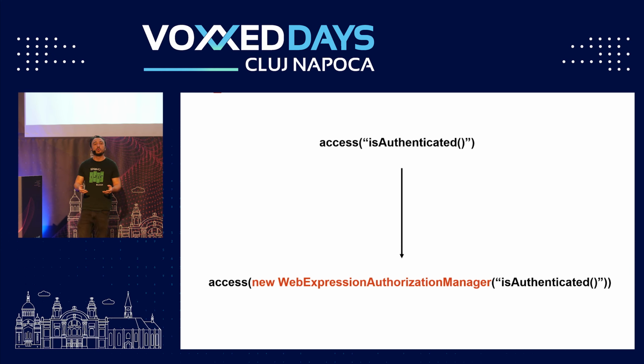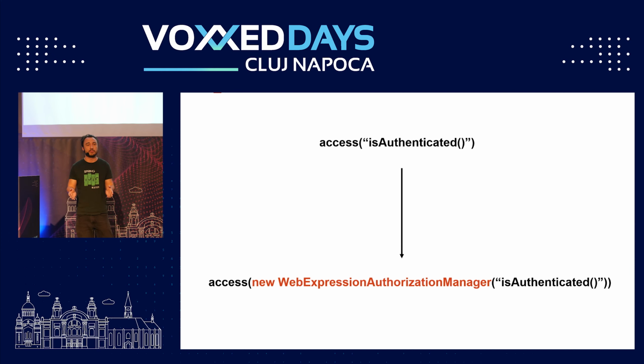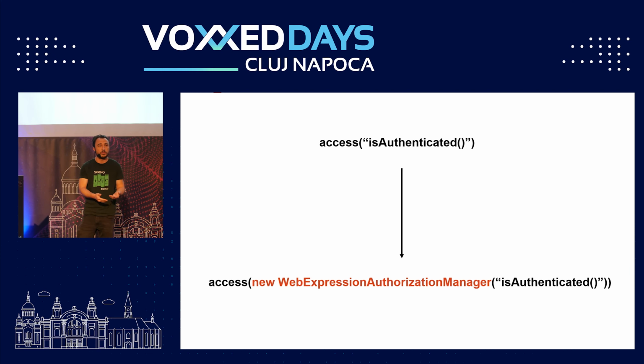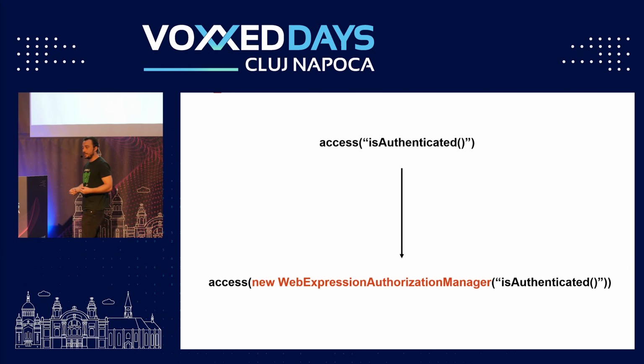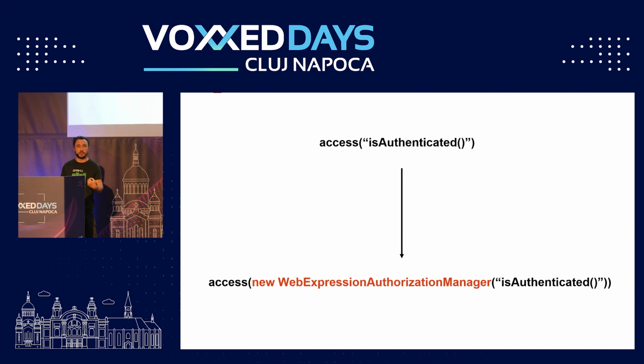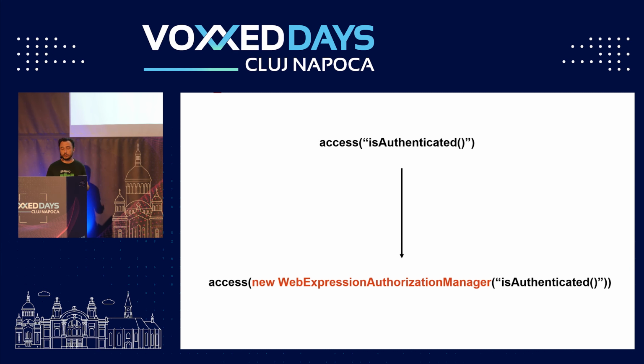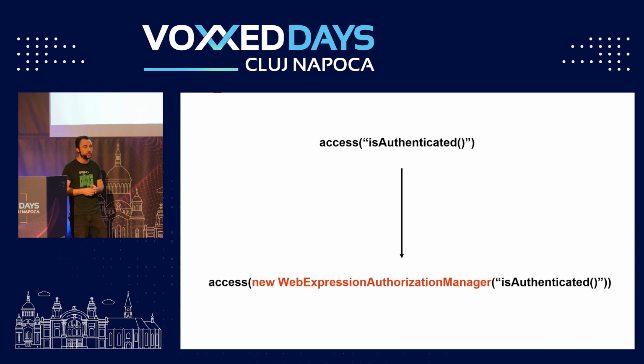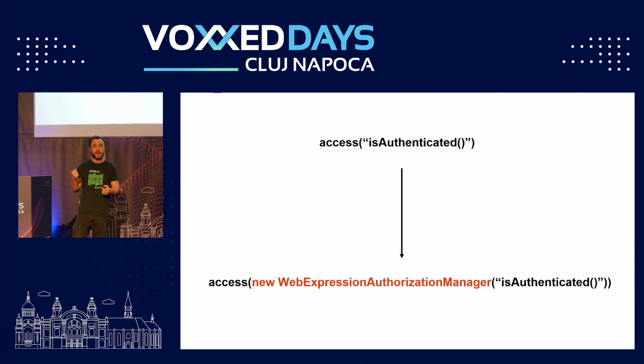Naturally, it would have been too difficult if, when upgrading from a version to another, you would have been forced to use Java code and rewrite all the SpEL which might work in your case, so you don't have to rewrite them. So to still be compliant with the latest version and be backwards compatible, Spring Security provides now also the implementation called Web Expression Authorization Manager, which does exactly what previously access was doing.